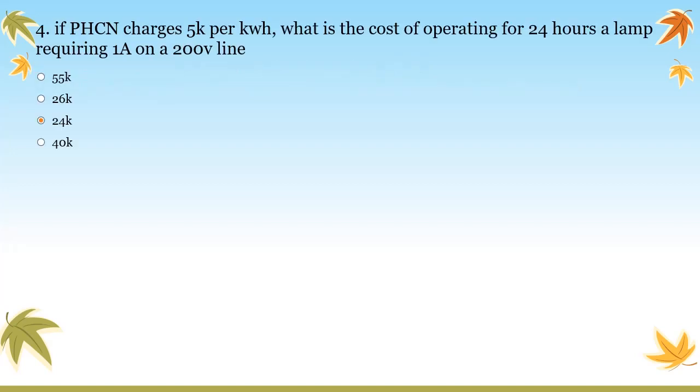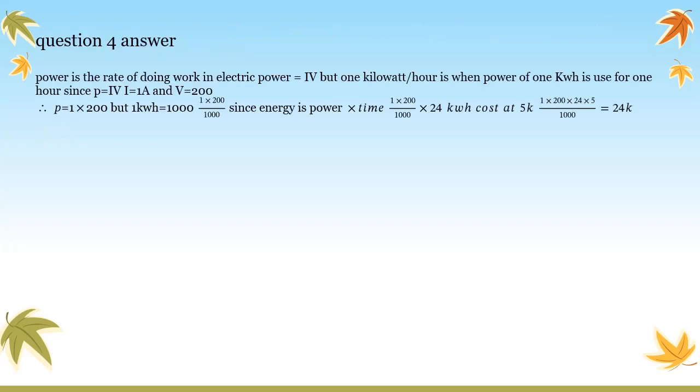4. If PHCN charges 5k per kilowatt-hour, what is the cost of operating for 24 hours a lamp requiring 1 A on a 200 V line? Power is the rate of doing work; electric power equals V times I. But 1 kilowatt-hour is when a power of 1 kilowatt is used for 1 hour.